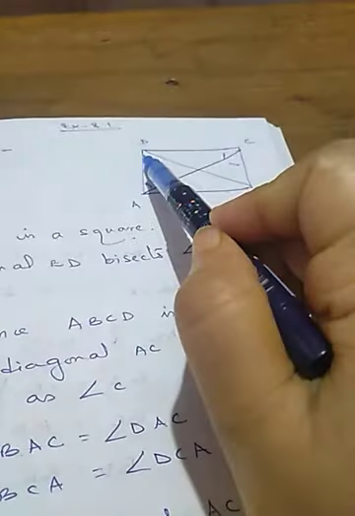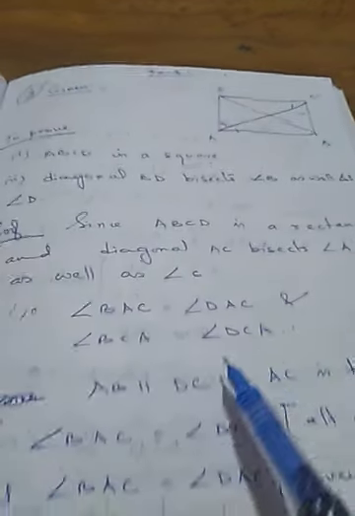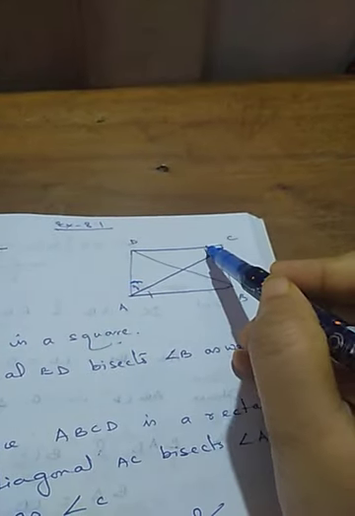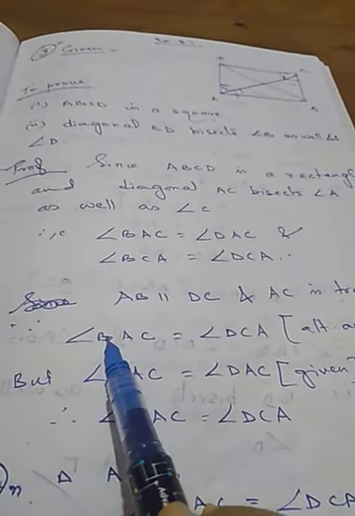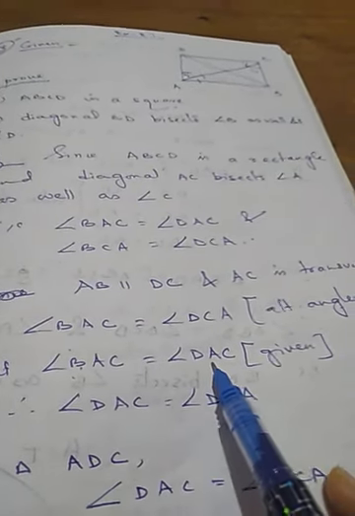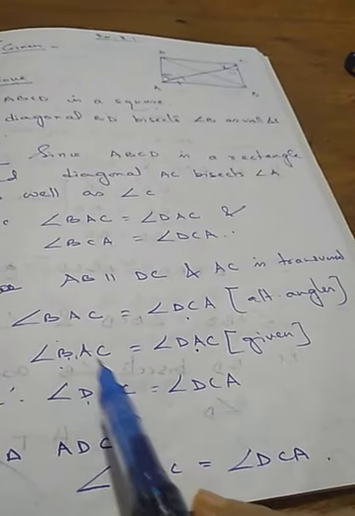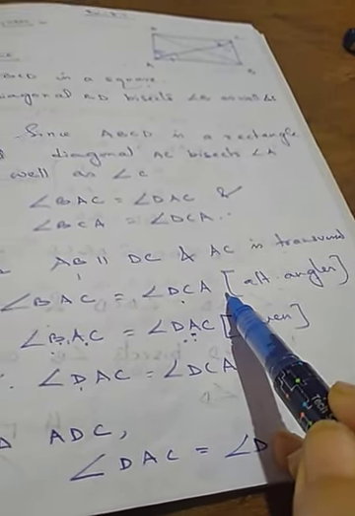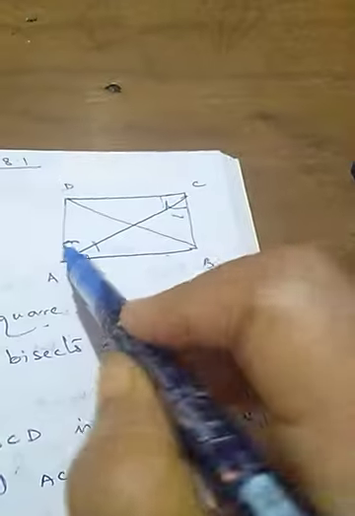Since AB is parallel to CD, as a rectangle is a parallelogram itself, angle BAC equals angle DCA because they are alternate angles. But we know BAC equals DAC, so DAC equals DCA.